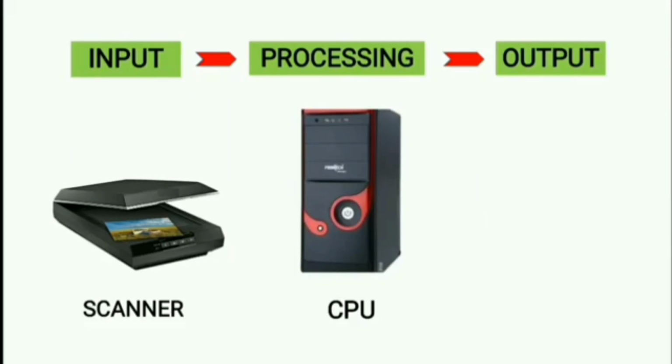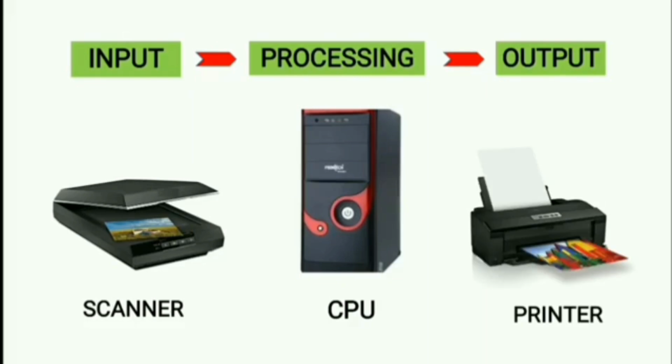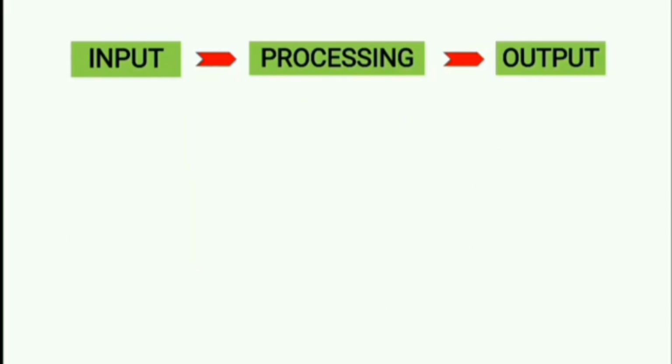The CPU will process it, and after it processes, it sends the result to the printer. Alright, we can print out images, we can print out Word documents, we can print out PDF files, we can print out pictures. Alright, so the scanner is an input device and then the printer is the output device.